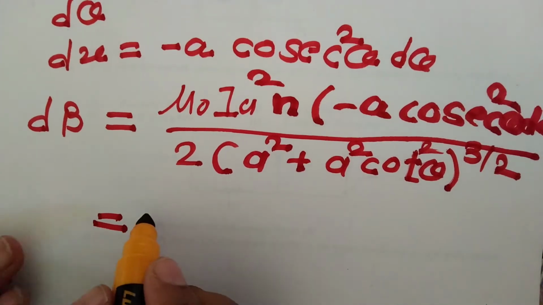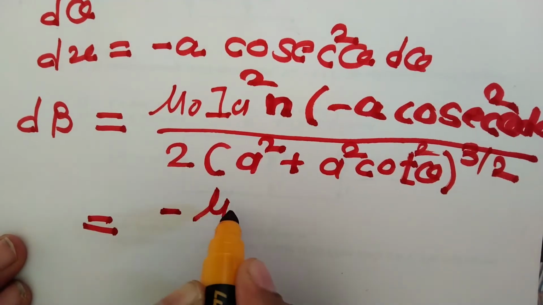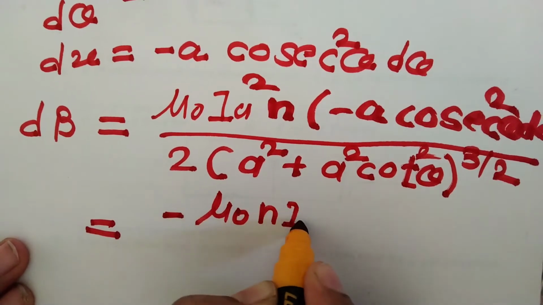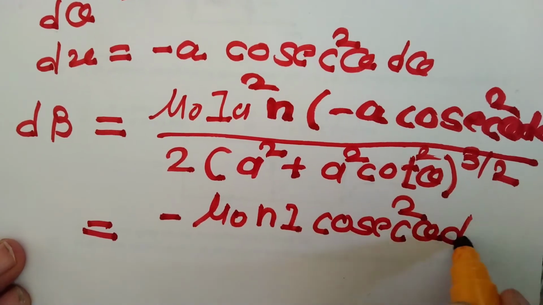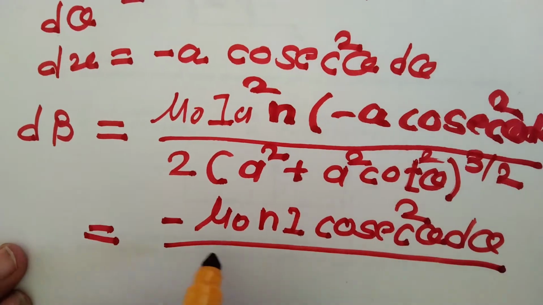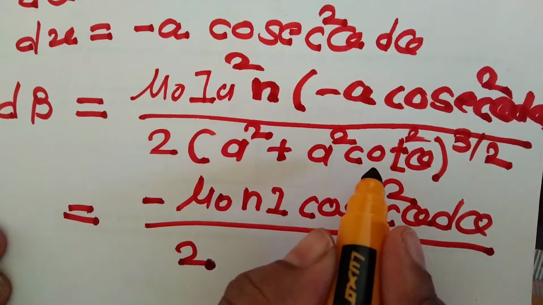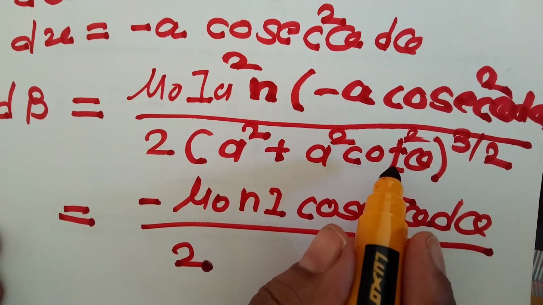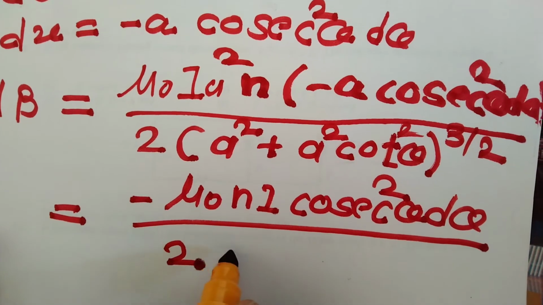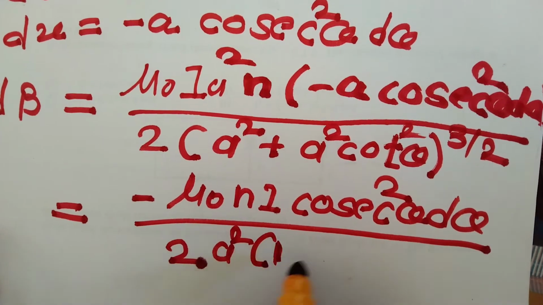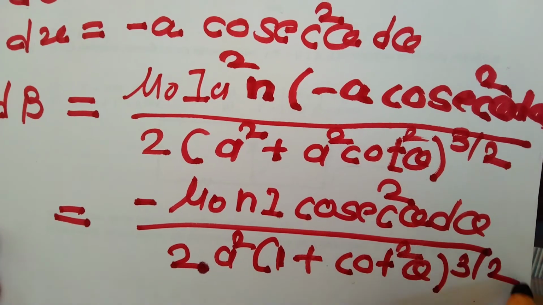We will get minus, this minus will be outside, mu naught n I cosec square theta d theta divided by 2 into a square common, 1 plus cot square theta, which is equal to cosec square theta, raised to 3 by 2.